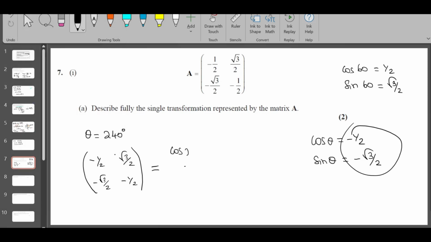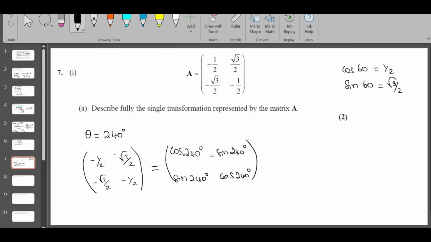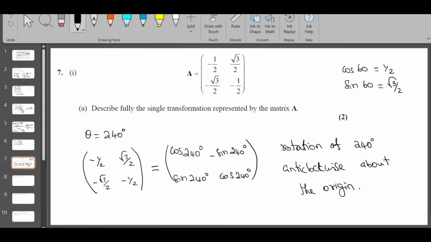So you can write it as cos 240, sin 240, minus sin 240, cos 240. So what transformation is that? It's a rotation of 240 degrees anti-clockwise about the origin. That's all. 2 mark question.